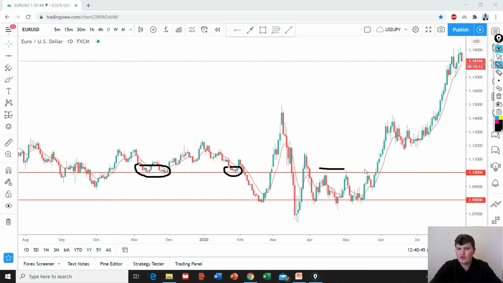And then more recently, this was a resistance for EURUSD. Over here it was a support area, and then it broke through and continued higher. So that's another good rounded number psychological level to have.